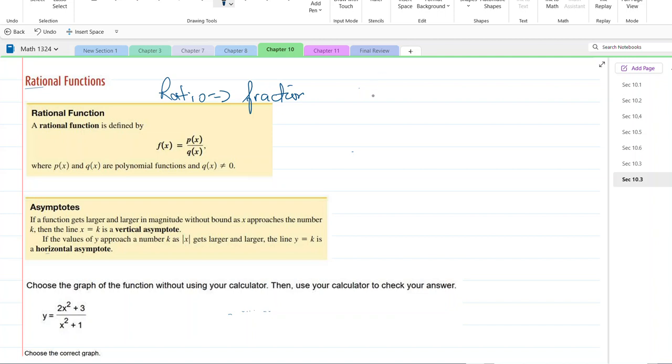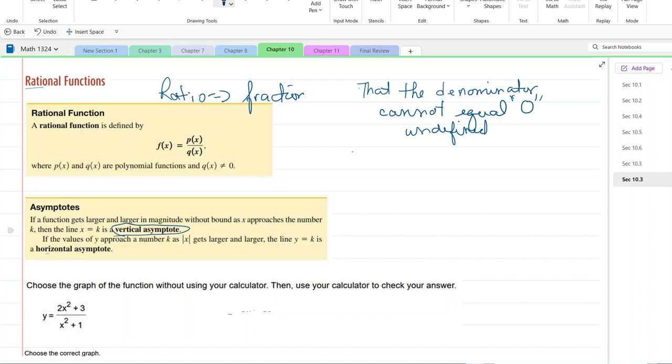But we also know that the denominator cannot equal 0, because then it is undefined. And in this section, we're going to find out what we call that condition. That condition is called a vertical asymptote.